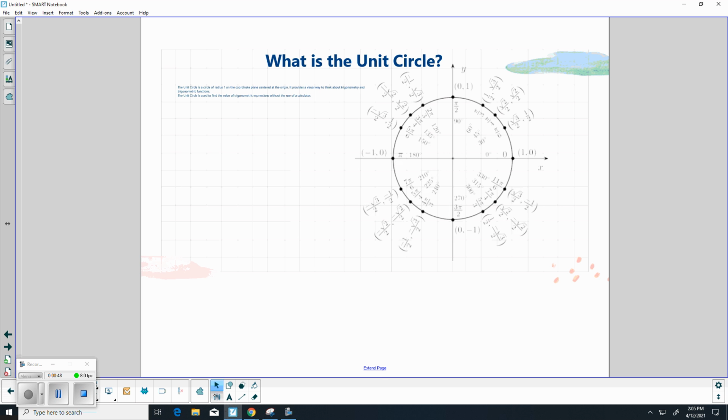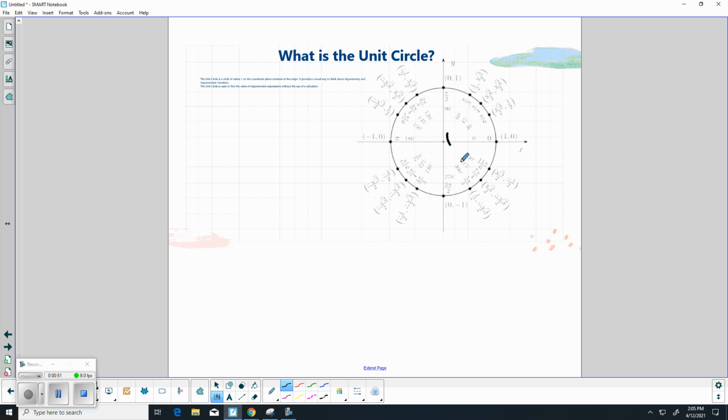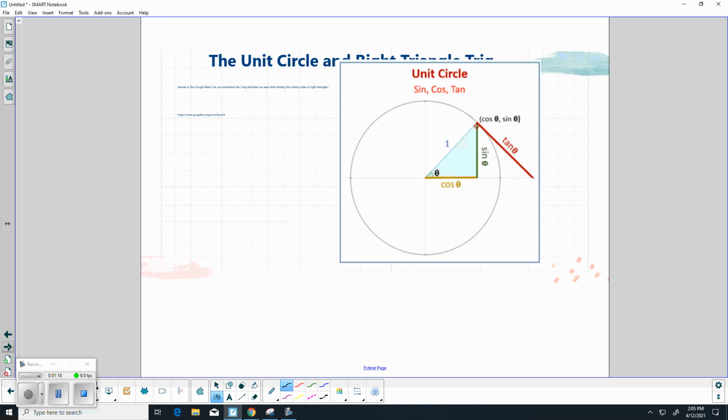So what that basically means is this point in the middle is (0, 0), and the distance from this point to the edges is always 1, all the way around the circle. And what we use the unit circle for is to find the value of trigonometric expressions without the use of a calculator. So we just look at the unit circle and it'll give us the values that we need.